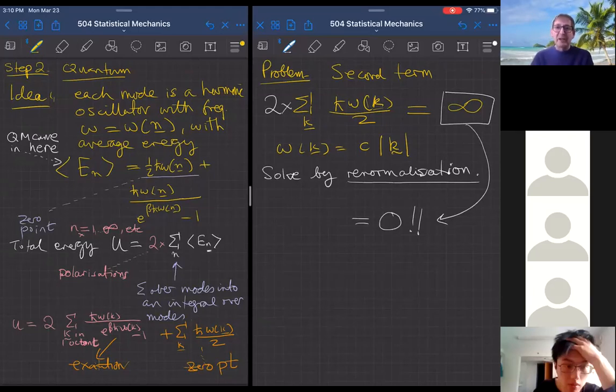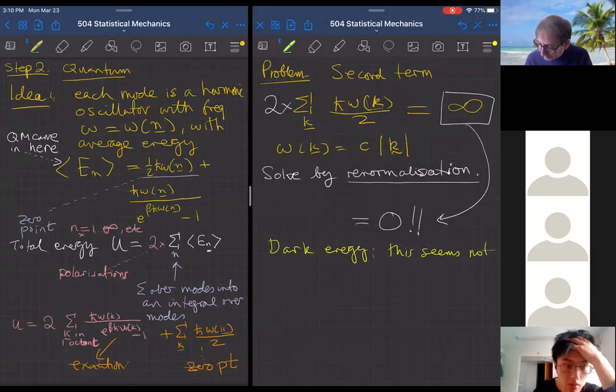Then people discovered that the universe is actually accelerating in its expansion, and so this thing became known as dark energy. So in a sense, what dark energy is, is that this seems to not be 0 after all.